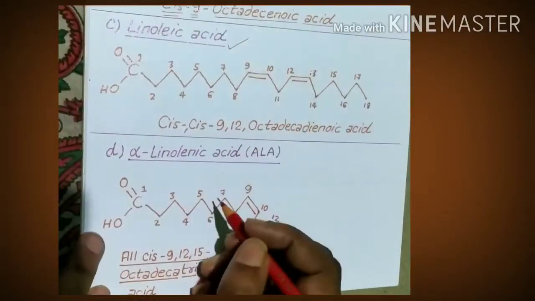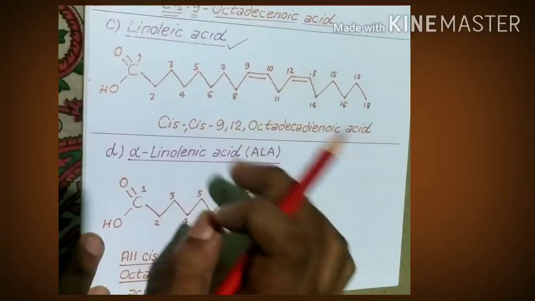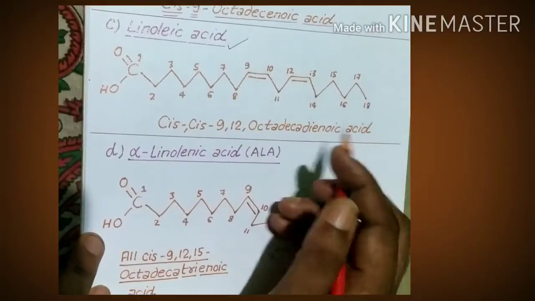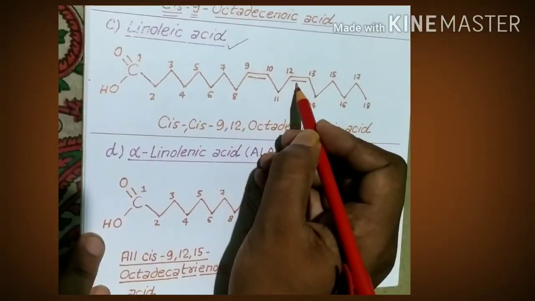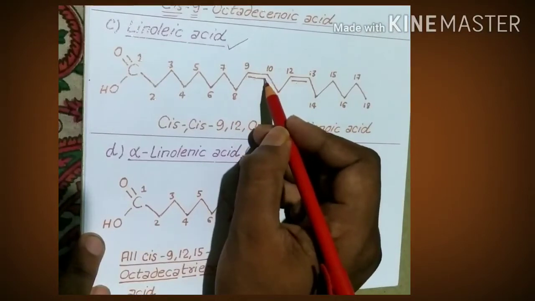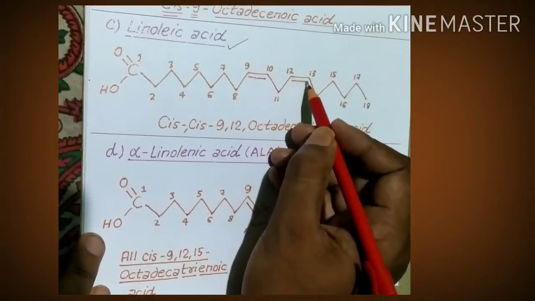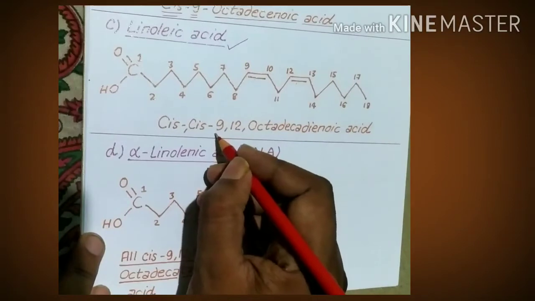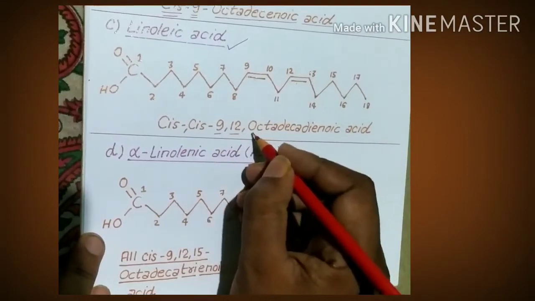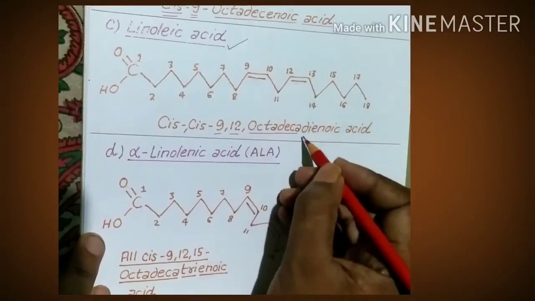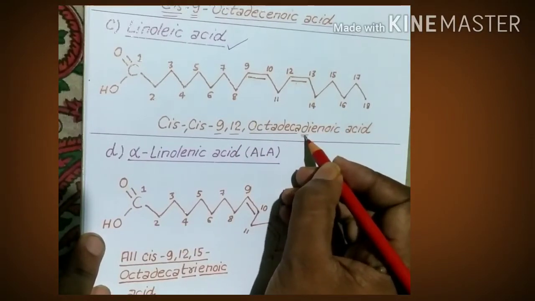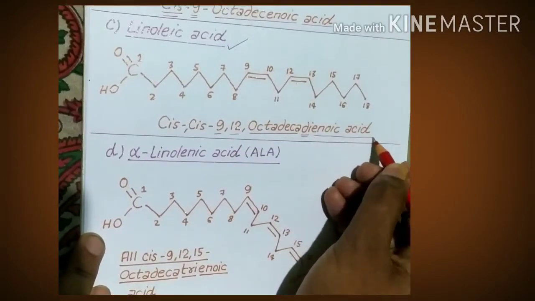Linoleic acid. It is also an unsaturated fatty acid, and here two double bonds are present. The first is at the 9th carbon and the second is at the 12th carbon. So this is 9, 12, octadeca, with two double bonds, di means 2, enoic acid.